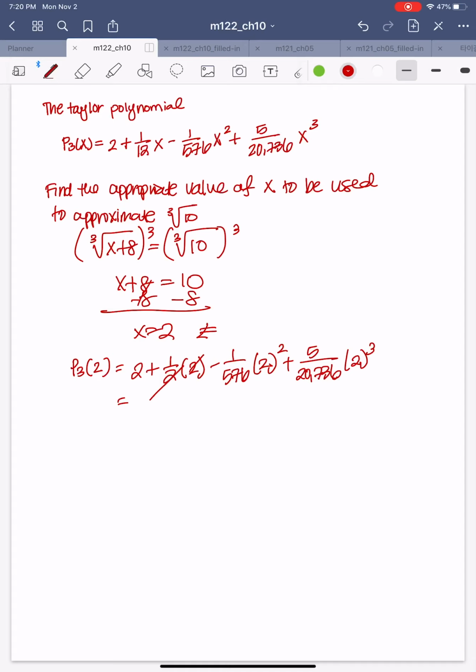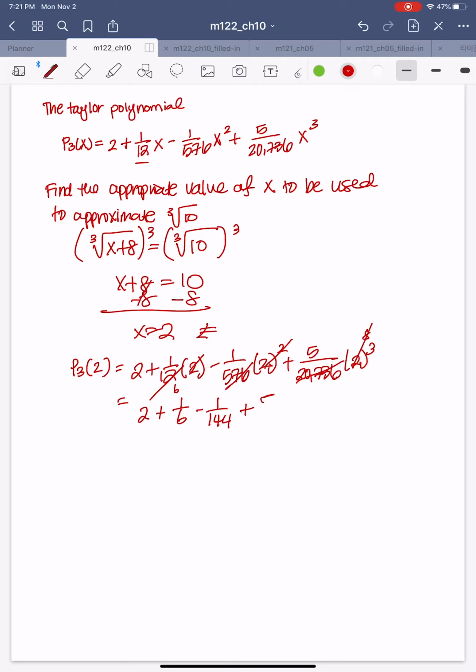Okay, this one disappears, right? Oh, not disappears, that's a 12. I made a mistake, 12. So 2 goes into 12 6 times, so that's 2 plus 1 over 6. That's a 4 here, 2 squared. And then simplify, you're going to have negative 1 over 144. This is 8, 2 cubed, 8. Cancel with 20,736 by 2,592.